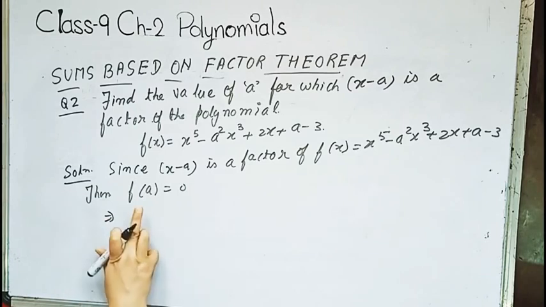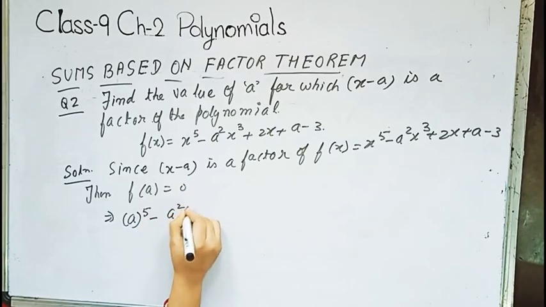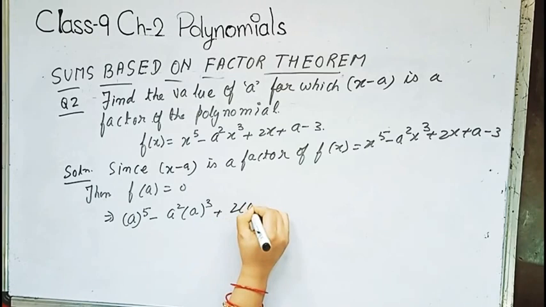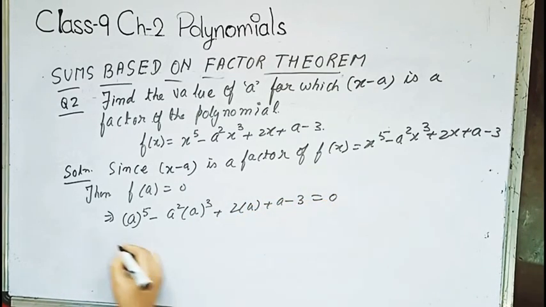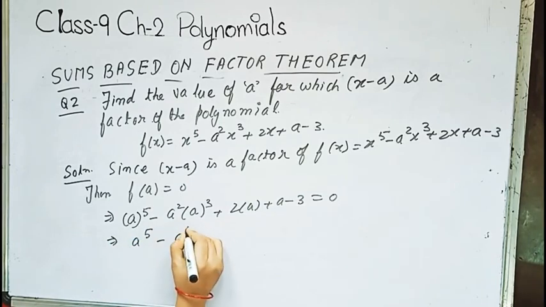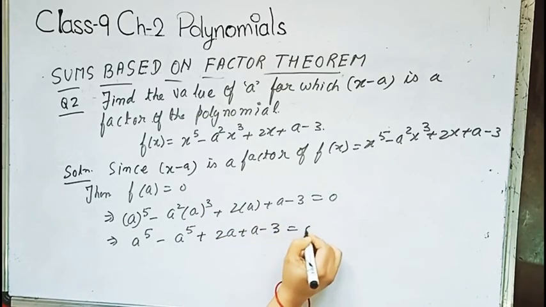This implies, let us put x = a in f(x). This implies a⁵ - a²·a³ + 2a + a - 3 = 0. This implies a⁵ - a⁵, since 2 + 3 is 5, + 2a + a - 3 = 0.